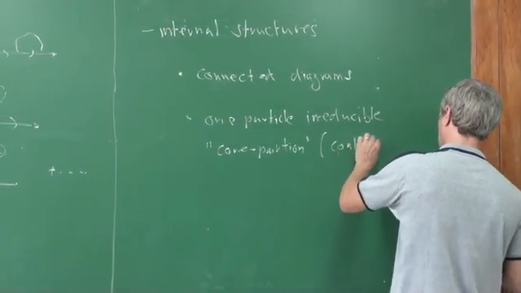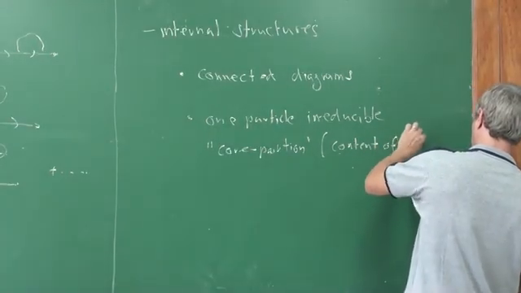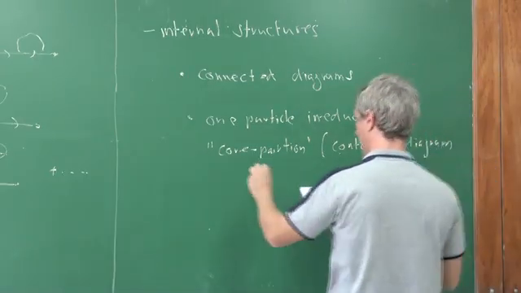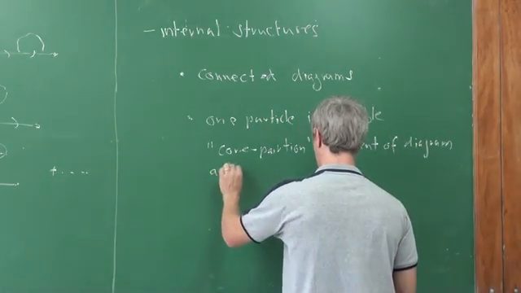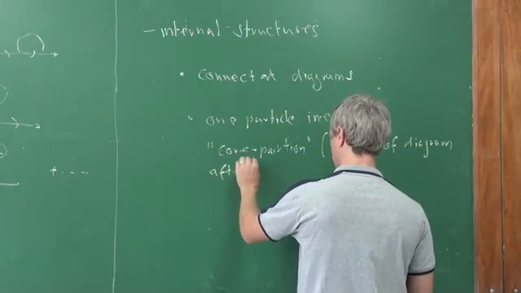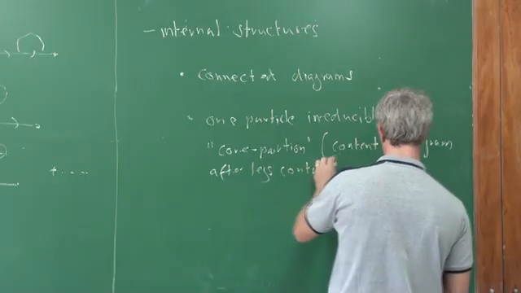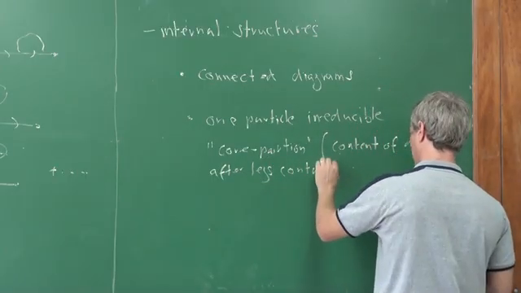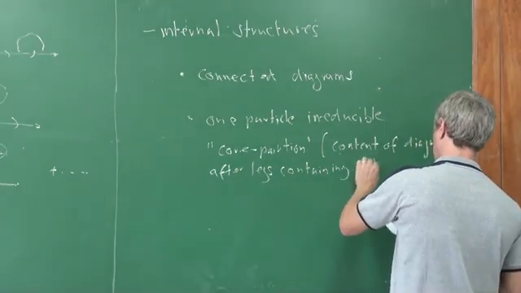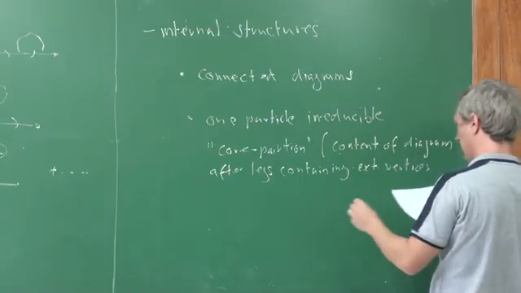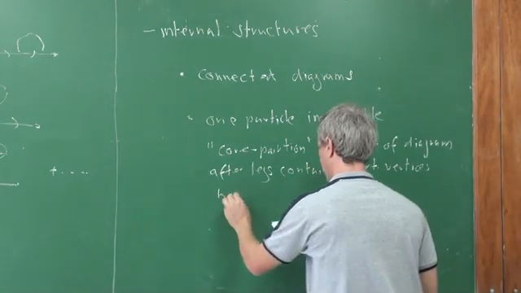The core portion: the content of the diagram after the legs containing the external vertices or the points have been removed.